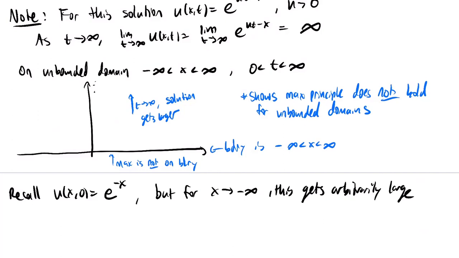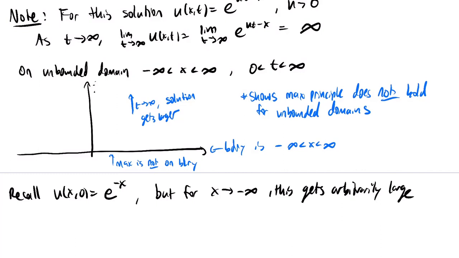And so the existence of an unbounded domain allows for initial conditions which are essentially like infinite heat sources, if you think about this in terms of heat flow. Let's say I bring x out to minus 1,000,000, then the initial state of u at this point is very large. And so as time increases, the solution gets hotter and hotter, or larger and larger.